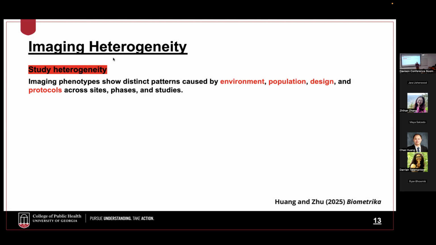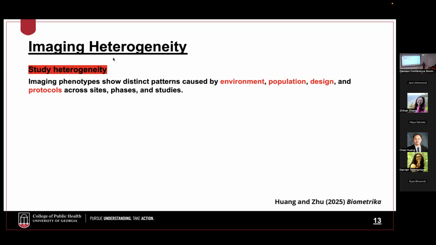If you did it that way, you could not collect 100 or 1,000 subjects. It is impossible. So when we collect data from different centers or studies, you will usually see that the imaging phenotypes show distinct patterns, but these patterns are not caused by biological patterns. They are usually caused by differences in environment, population design, or protocols in the studies at different centers.